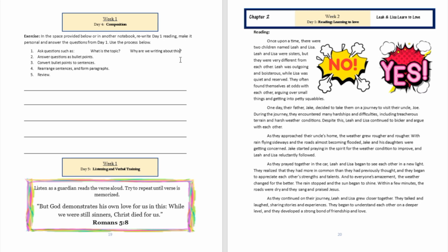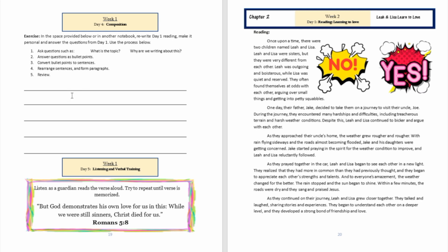The idea about asking yourself questions is that when you ask yourself questions, the writing opens up to you. Then you flow to step number 2: answer the questions as bullet points. Let's say I'm going to be writing about patience. What is the topic?